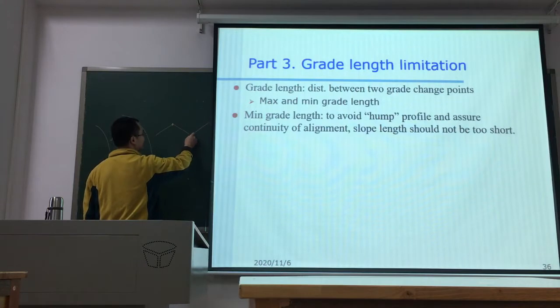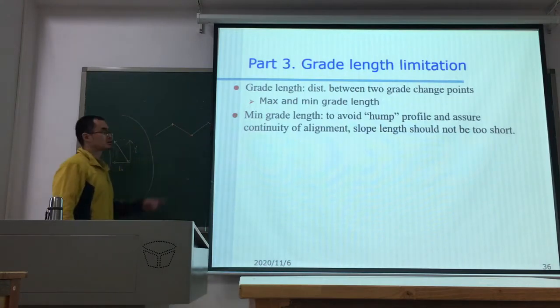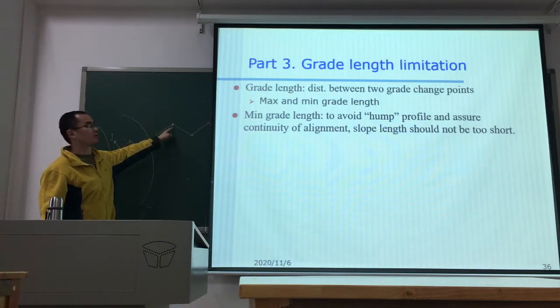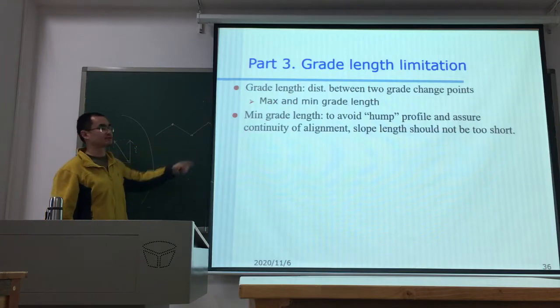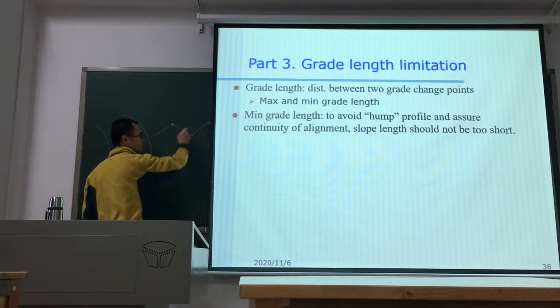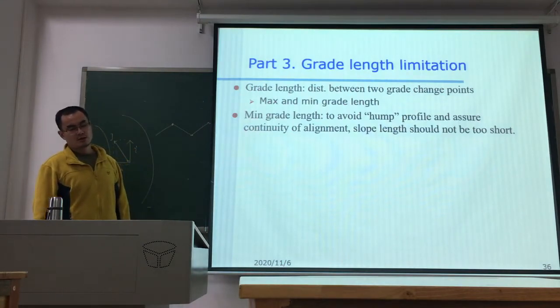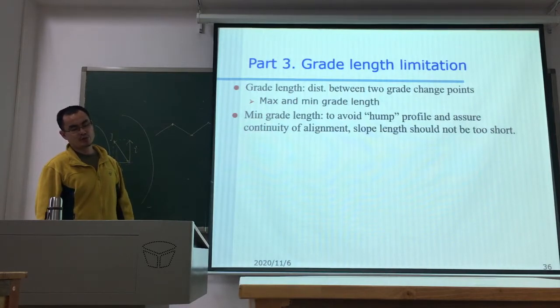These grid change points. The distance between two grid change points has a maximum and a minimum grid length.